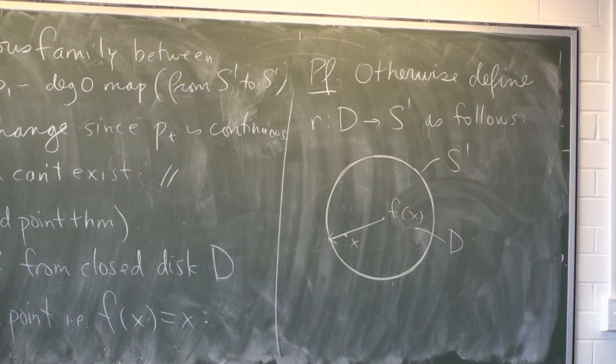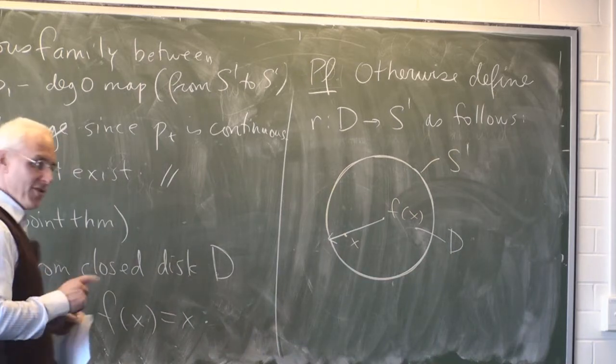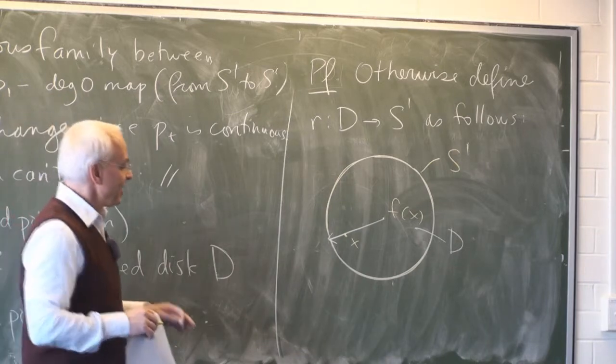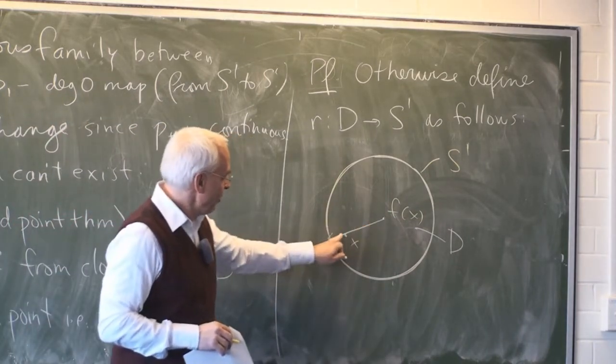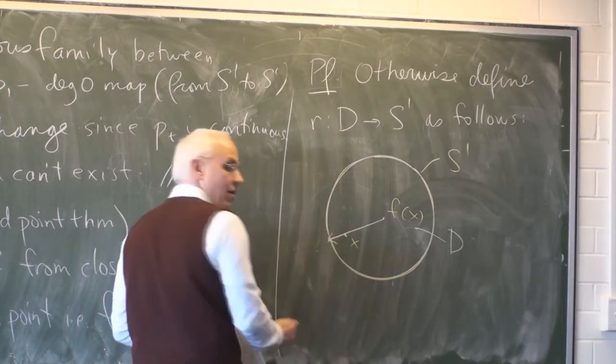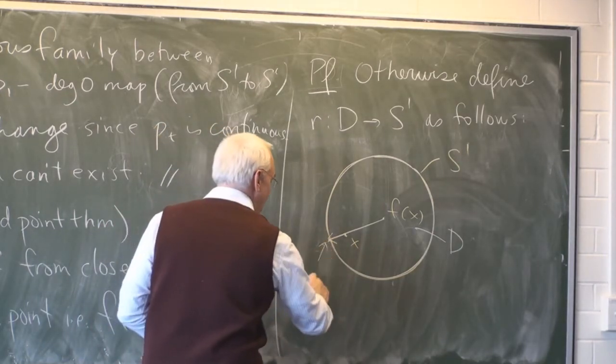Well, especially if you're working over the real numbers. If you're working over the rationals, you have to be a little bit more sophisticated, but okay. So, what does that mean? That defines a map. This point now, we'll call this point R of x.